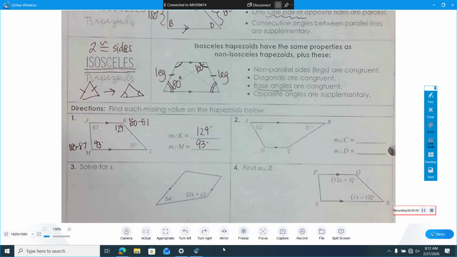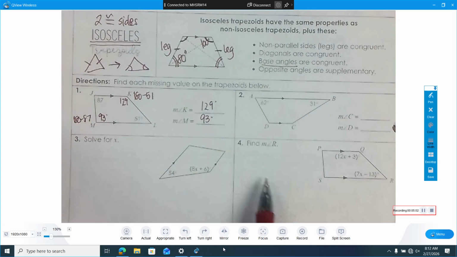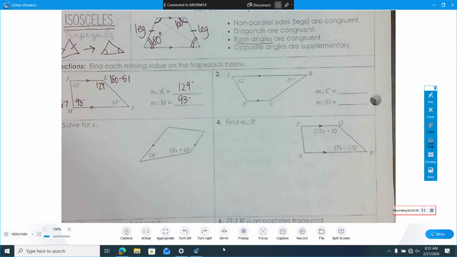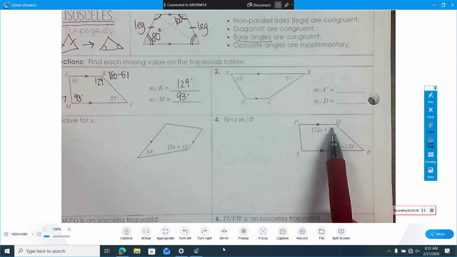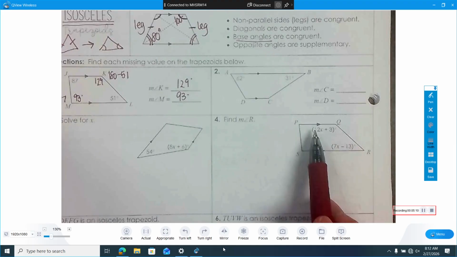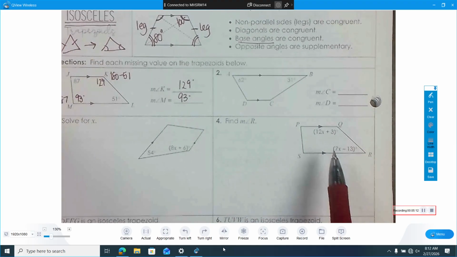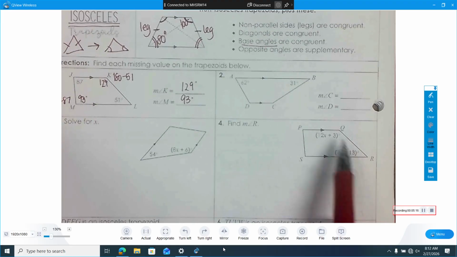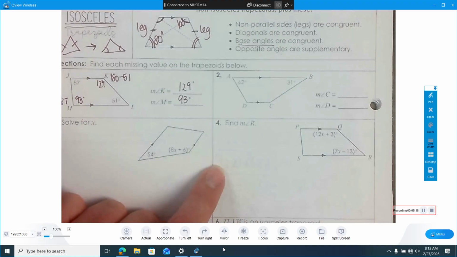Let's look at number 4. Find the measure of angle R. Again, we have a regular trapezoid here. So what can we do with the angles they've given us? They equal 180. Good.